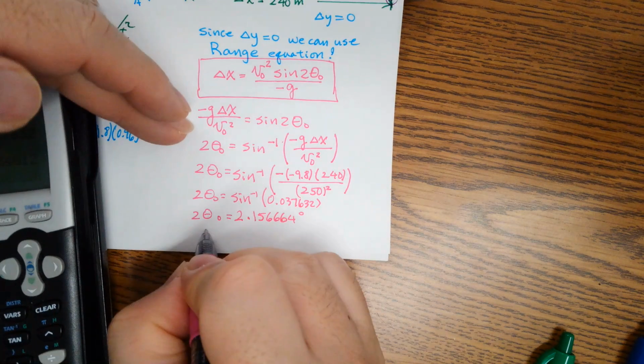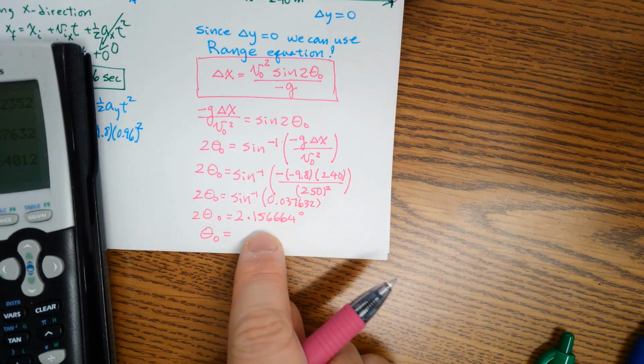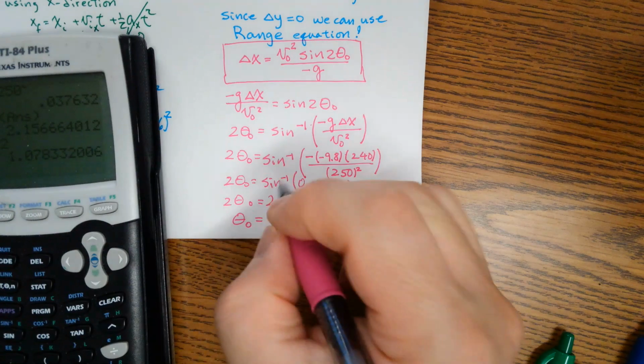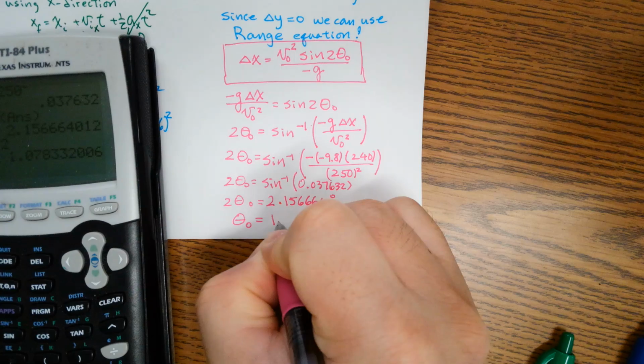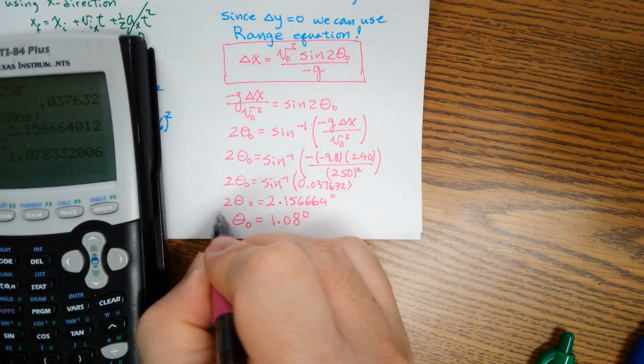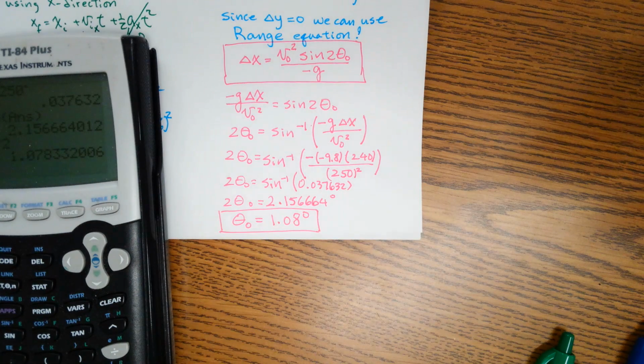So theta naught is equal to half of that. So you divide both sides by 2. So if you divide that by 2, that is 1.08 degrees. Holy shnikes. That is so friggin' small.